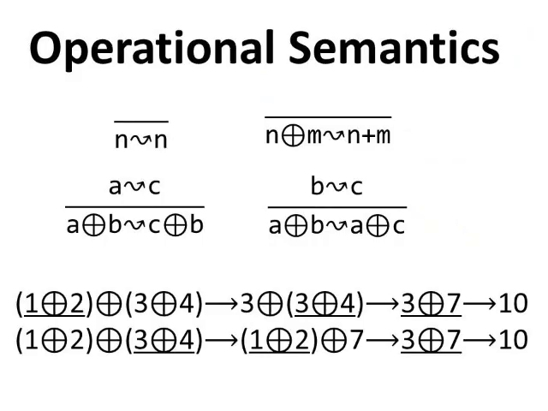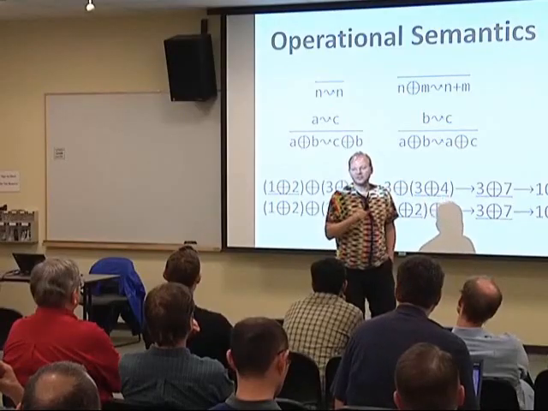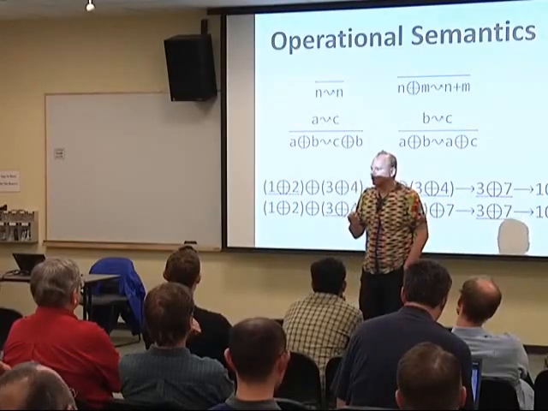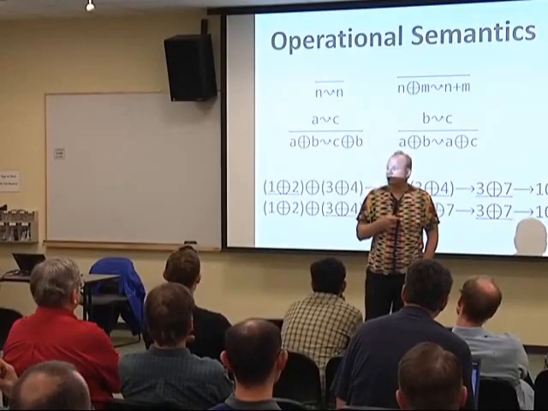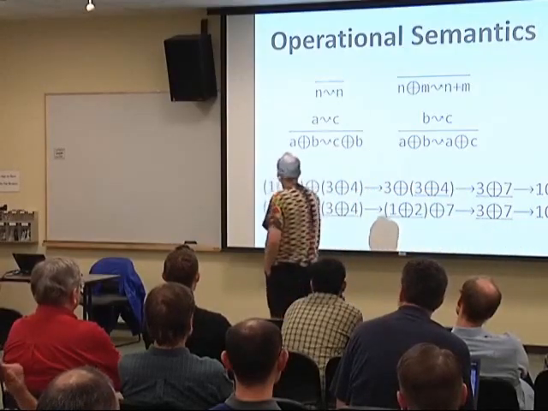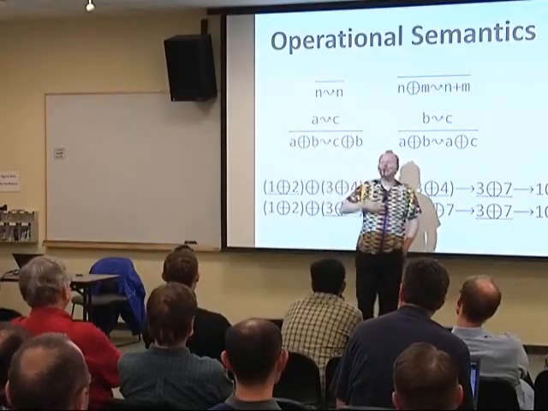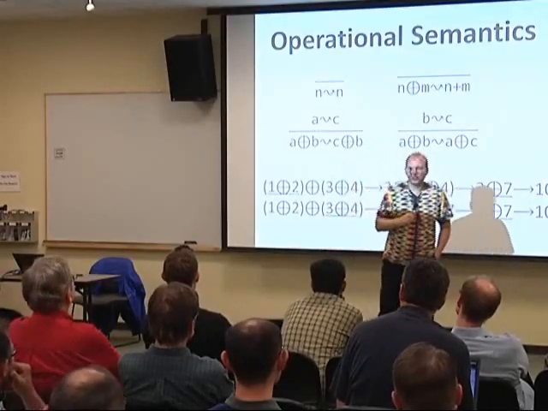Now, if you're an old guy like me, people did denotational semantics, but young kids, they all do operational semantics. So I don't know who here had operational semantics in college. Operational semantics is something where you kind of write a machine that executes an expression.